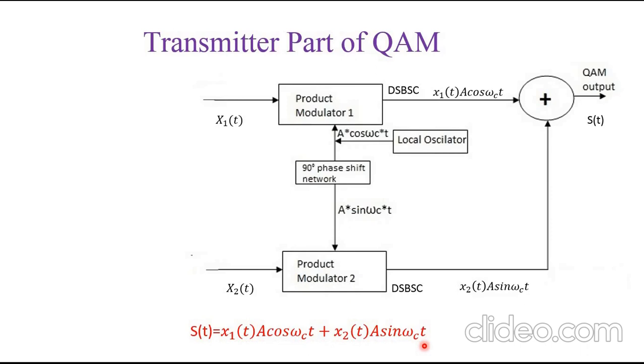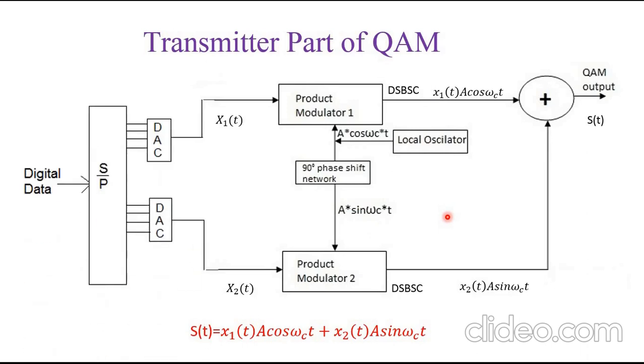Now this is the analog modulation type of diagram. But when it comes to digital, at that time we will have a digital to analog converter, DAC, at the input side, and that will represent the amplitude of x1(t) and x2(t).